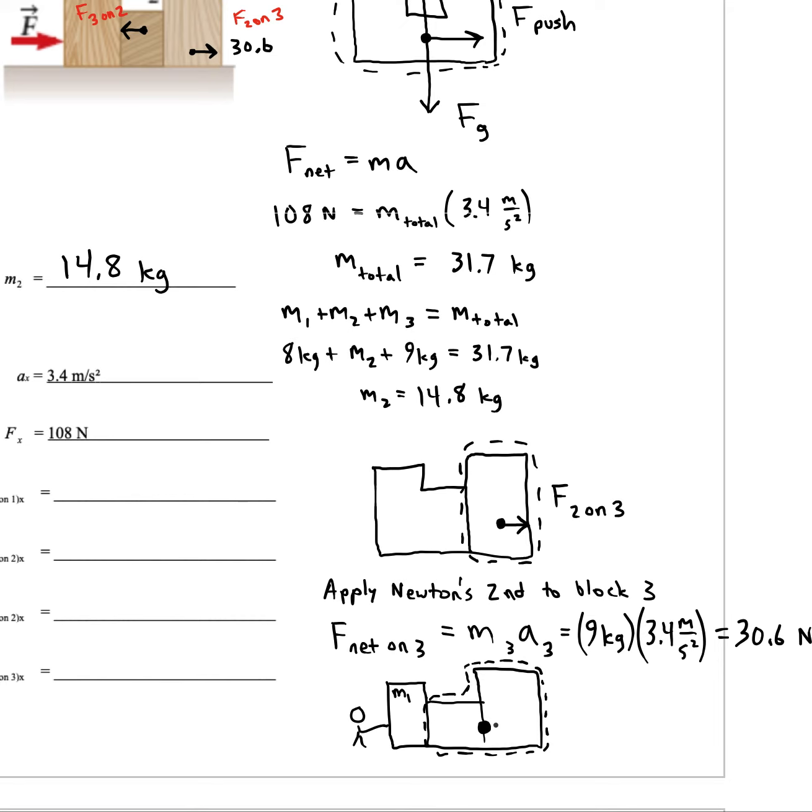But notice they have more mass than block 3 alone. Block 3 was 9 kilograms. This is going to be 14 plus 9, so it's going to be much more mass. And the idea is it requires more force in order to achieve the same acceleration that block 3 has. This will be called F of 1 on 2.